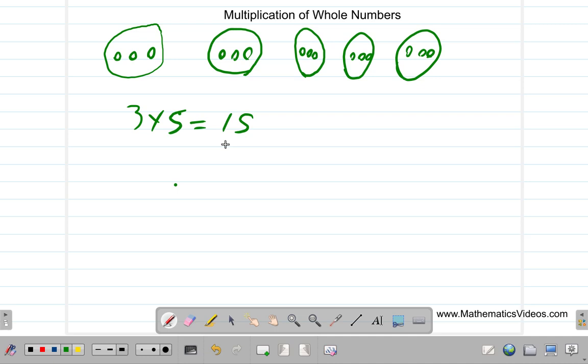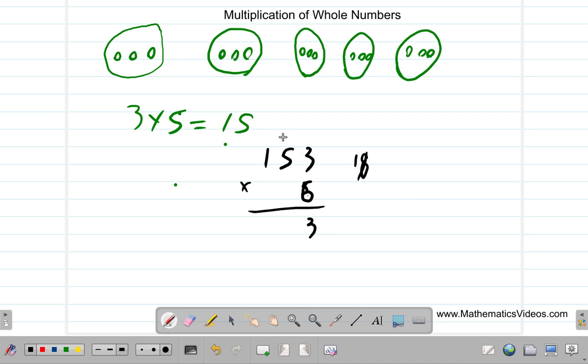Now we're going to multiply some bigger numbers. Suppose you say 153 multiplied by 6. You say 6 times 3 is 18.